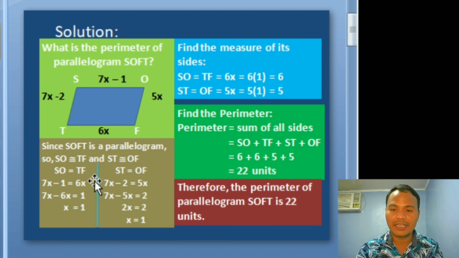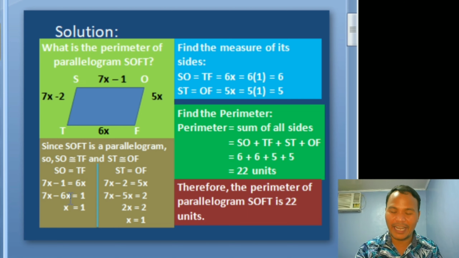So here, I will show both. SO is equal to TF. It's because from the definition of congruent segments, if two segments are congruent, then they are equal in measure. So by substitution, SO is equal to 7x minus 1 and TF is equal to 6x.